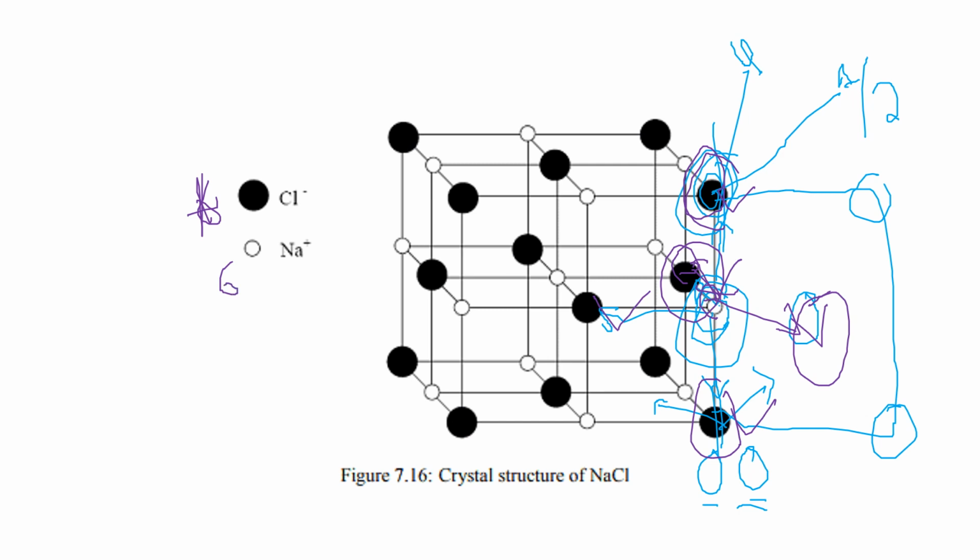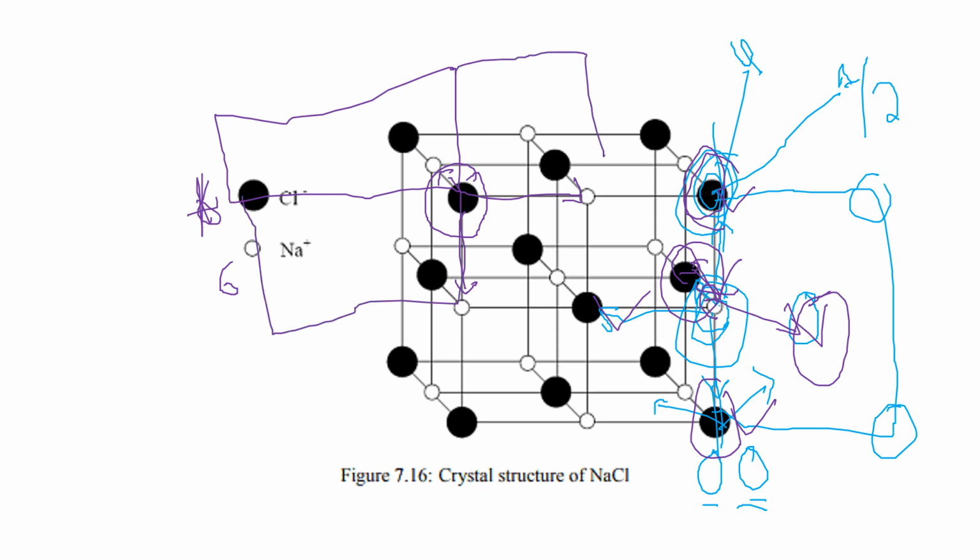If we talk about Cl, just suppose this Cl, how many Nas is it connected with? 1, 2, and 3. Now, suppose this is a face, then this is a face, and it is connected to one more.